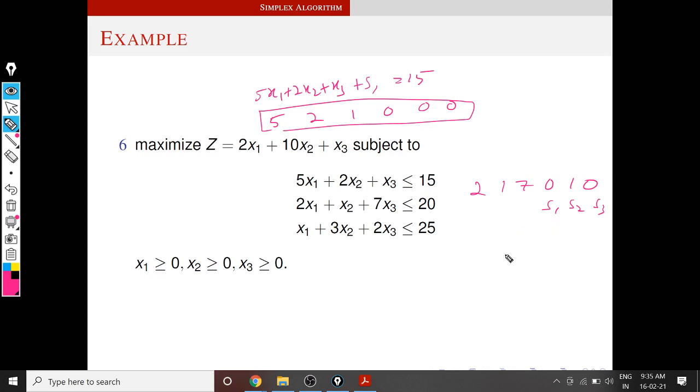Similarly, what about the last row in the initial simplex table? Yes, correct. Right. This is 1. What about the last one?